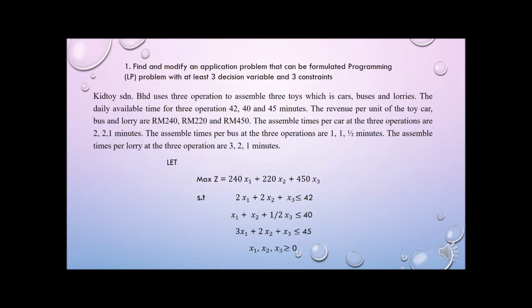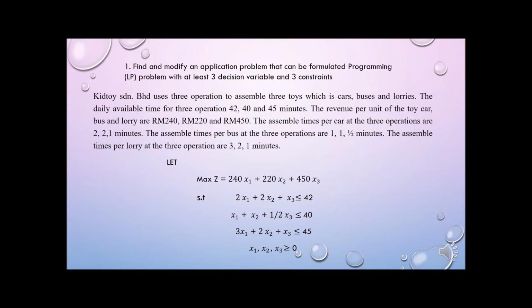The available time for the 3 operations is 42, 40 and 45 minutes. The revenue per unit of the toy car, bus, lorry are RM 240, RM 220 and RM 450.